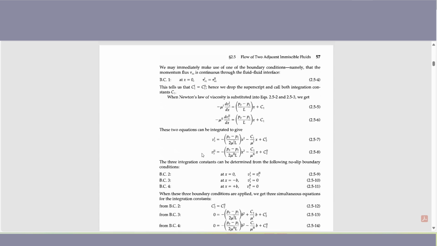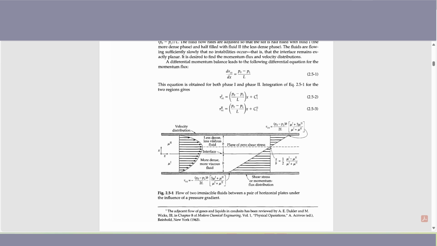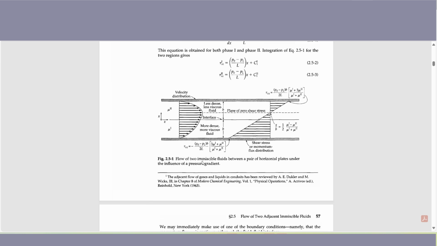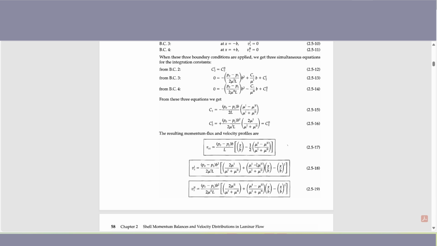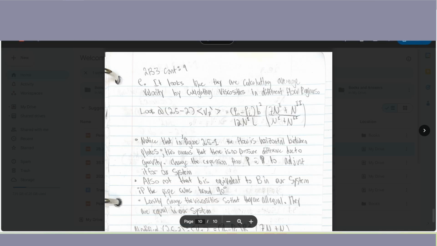Problem 2.5 is saying that there are two different liquid regions, separated because there are different viscosities in the regions. In our case, if we say these viscosities are the same, it'll simplify to our equation.